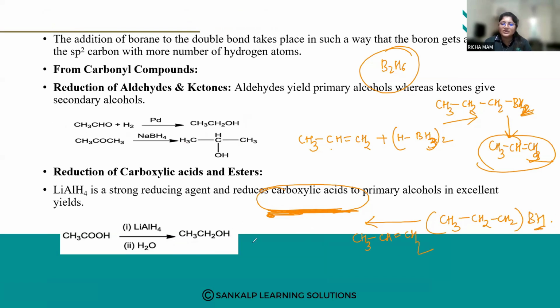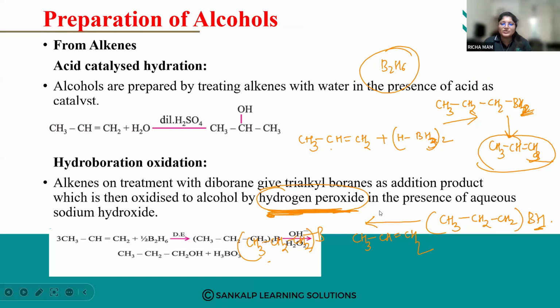One more hydrogen is there, so I'm going to get CH3 CH2 CH2 B. So I have got the trialkyl.